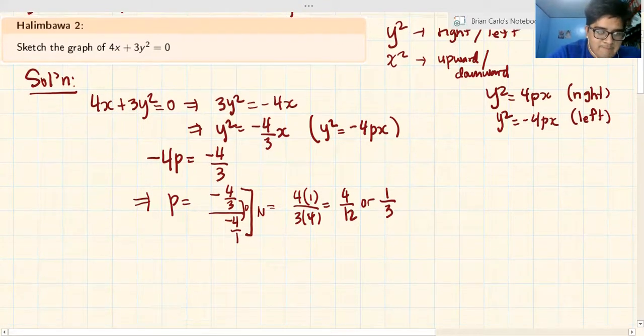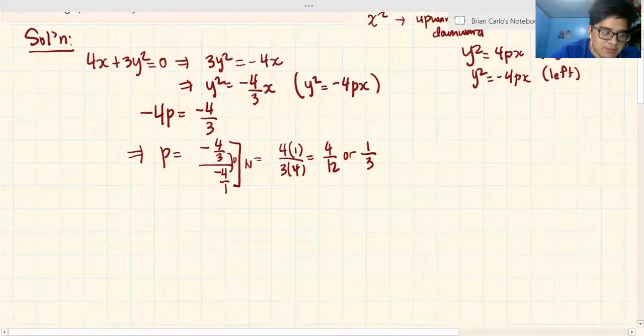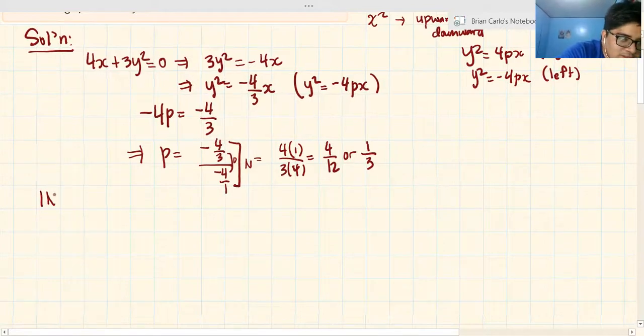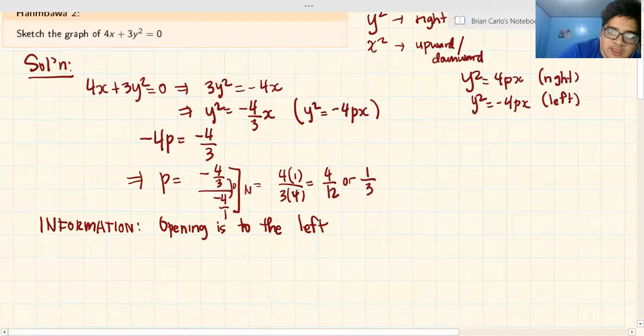Makinig kayo, ha. Ang p mo ay 1/3. So ganito, ano information natin? Ito yung template natin nakaraan. Information: Una sa lahat, ang opening is to the left, kasi ang form niya ay ito. Nasundan niyo yung form na yon.